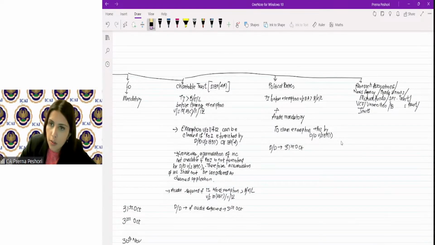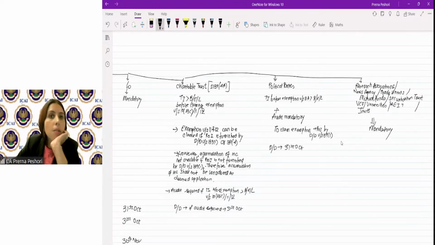Instead of business trust, you can also write here REIT. They are mandatorily required to furnish the return of income. Okay. So for them, it is mandatory to file the return of income.